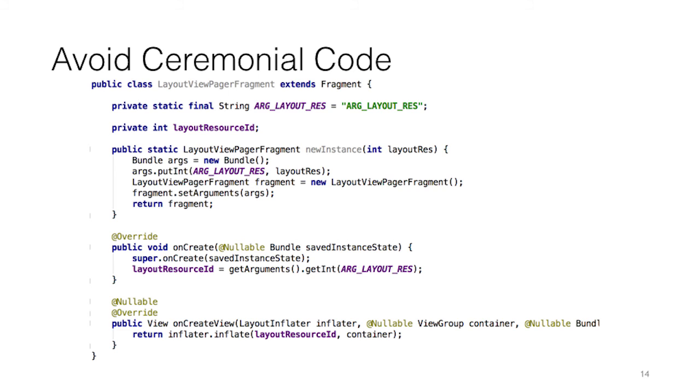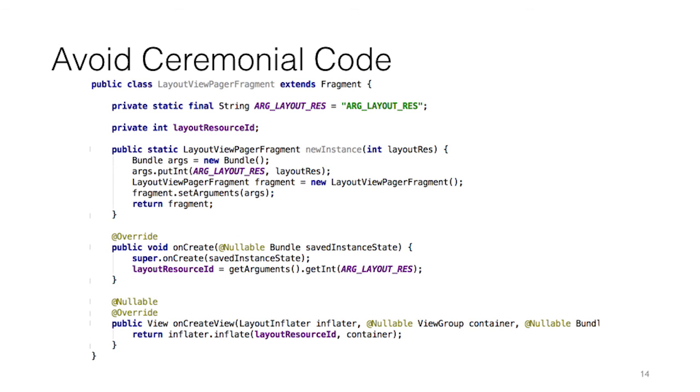If we're using a fragment adapter, first we're going to have to call the usual newInstance boilerplate code. We're going to have to create the arguments, stuff the integer into the arguments, create the fragment, set the argument, send the fragment back. Then the lifecycle methods will have to be called.